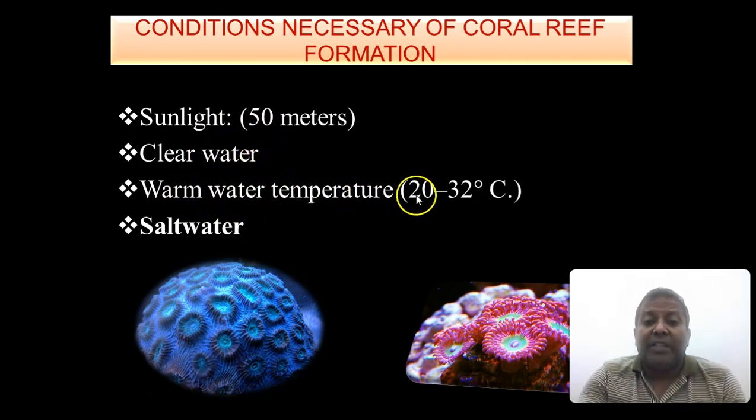And warm temperature, that is 20 to 32 degrees centigrade, the coral grows better. For this reason, in the poles where the temperatures are below 0 degree centigrade, corals never grow. And last but not least, the salt water which is present in the ocean is the basic requirement for coral reef formation.